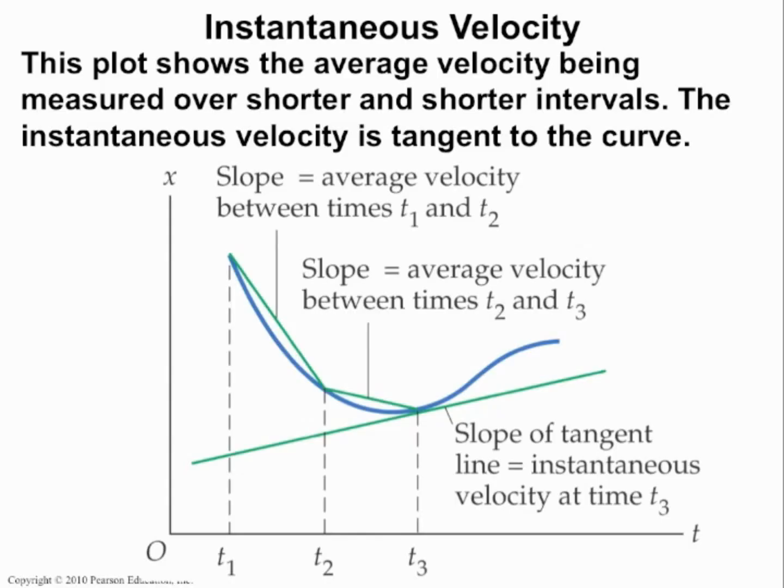Instantaneous velocity. This plot shows the average velocity being measured over shorter and shorter intervals. The instantaneous velocity is tangent to the curve. Now, let me talk about this for a little bit, because it might be something that you're not so familiar with.